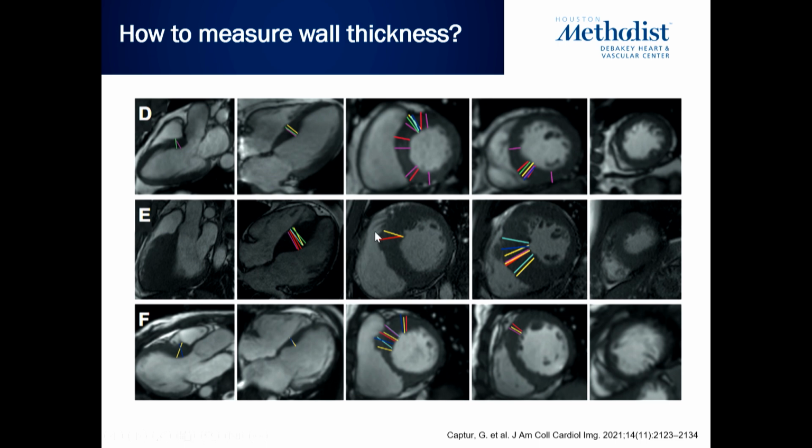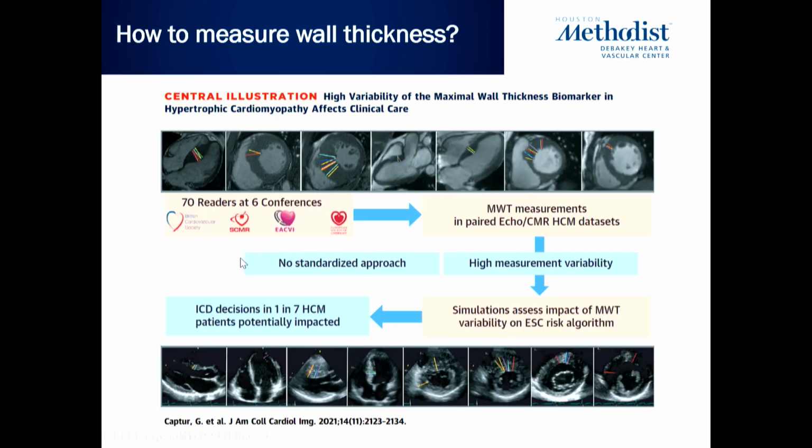Do you include this RV moderator band? Do you not include it? Do you draw the line tangential to the LV segment versus perpendicular to it? So what they found is you could potentially modify the recommendation for ICD, primarily on the wall thickness side, in 1 to 7 patients.